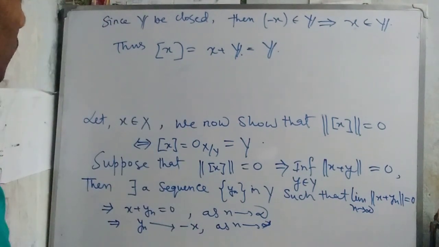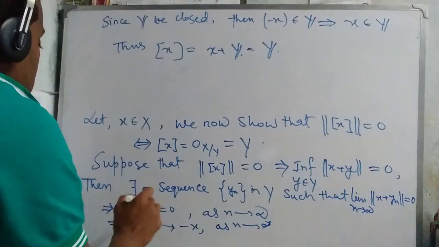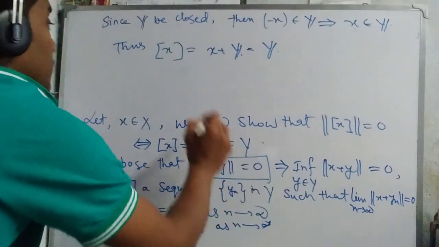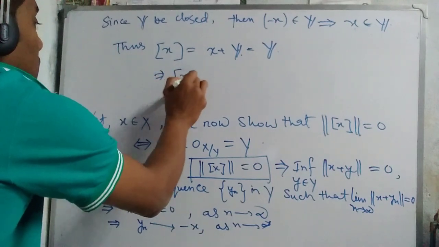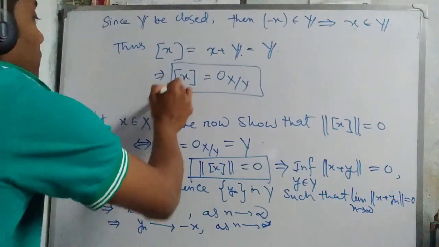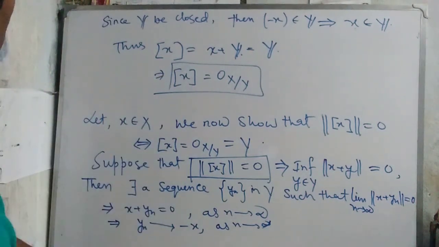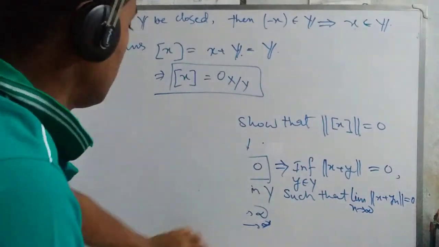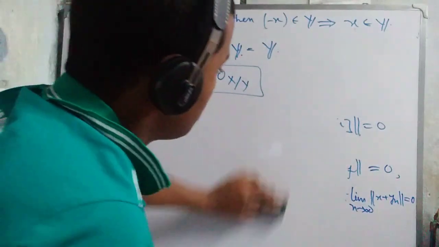So this gives us [x] equal to 0. Now we erase the lower portion and go to the later part of this proof.